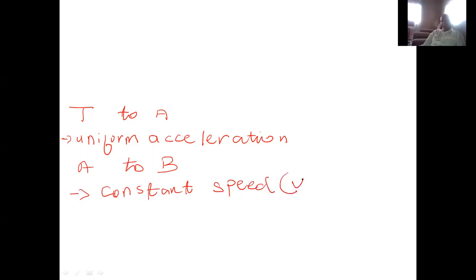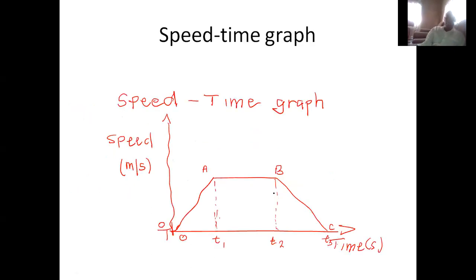In our case, we are saying constant velocity. So the velocity here is constant between A and B.